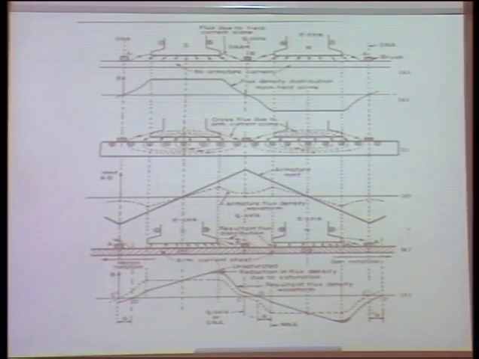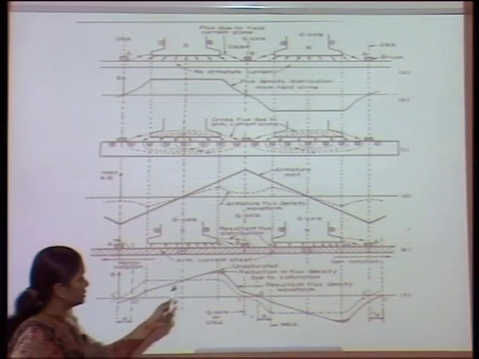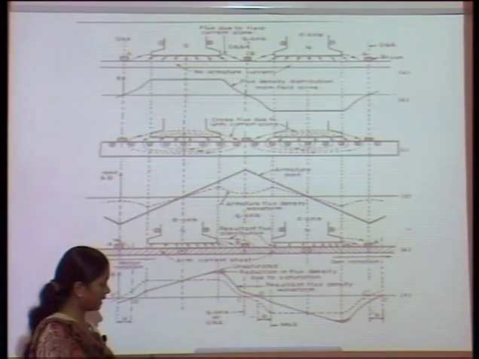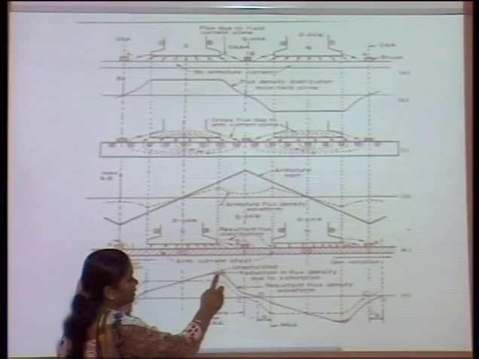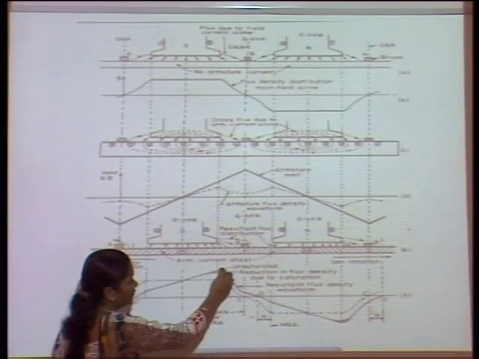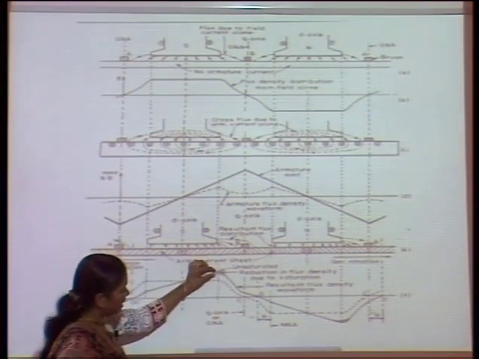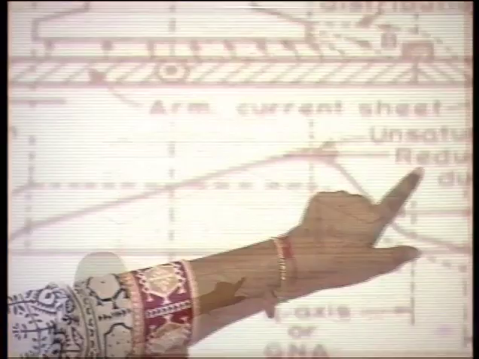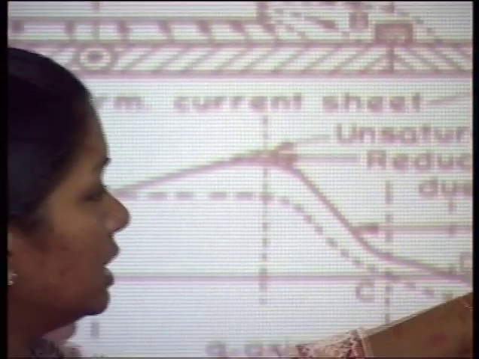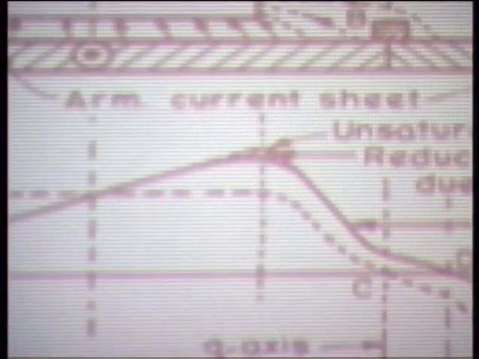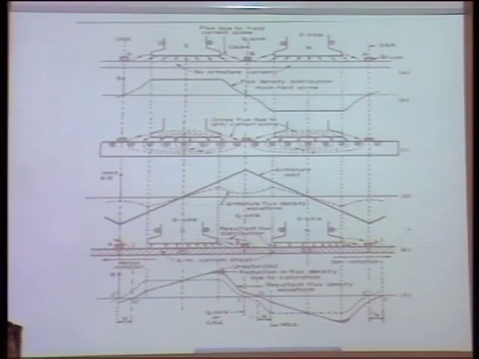The demagnetization is shown in the diagram by this hashed area, that is, the flux density is decreased by this amount due to the saturation. If we do not consider the saturation, again I will tell you, there will not be any kind of demagnetization in the DC machine.